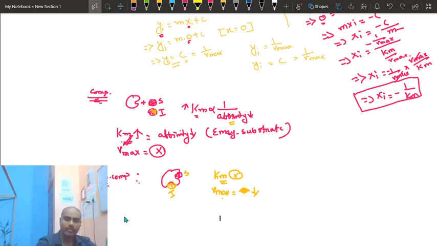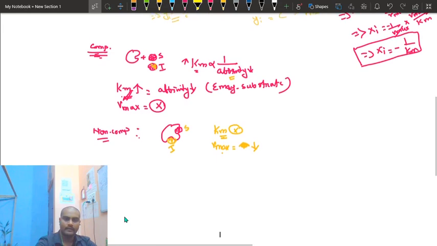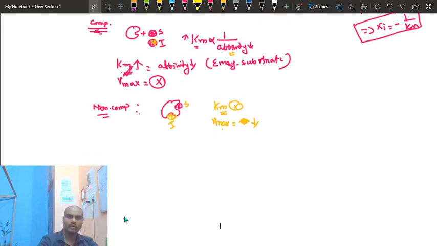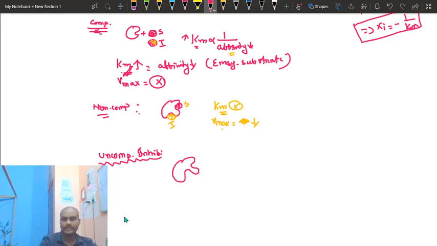Now, we have talked about non-competitive, and right now we'll talk about uncompetitive inhibition, right? Uncompetitive inhibition. In case of uncompetitive inhibition, there are also two different sites.